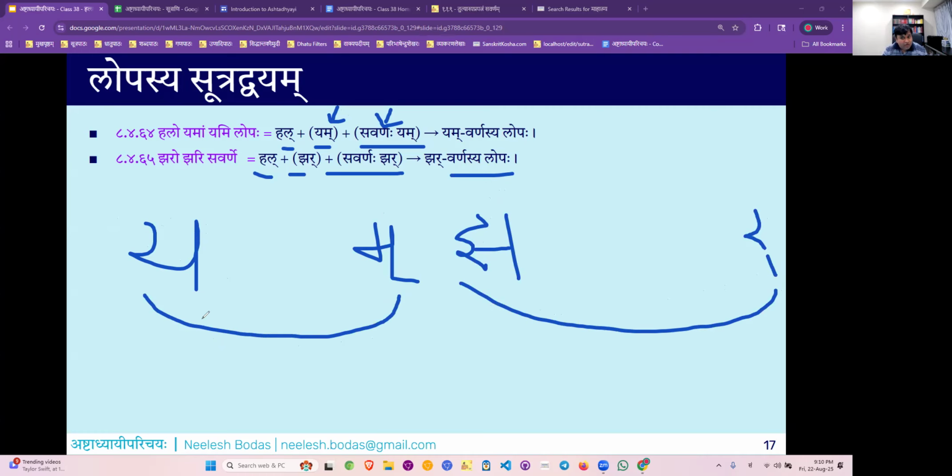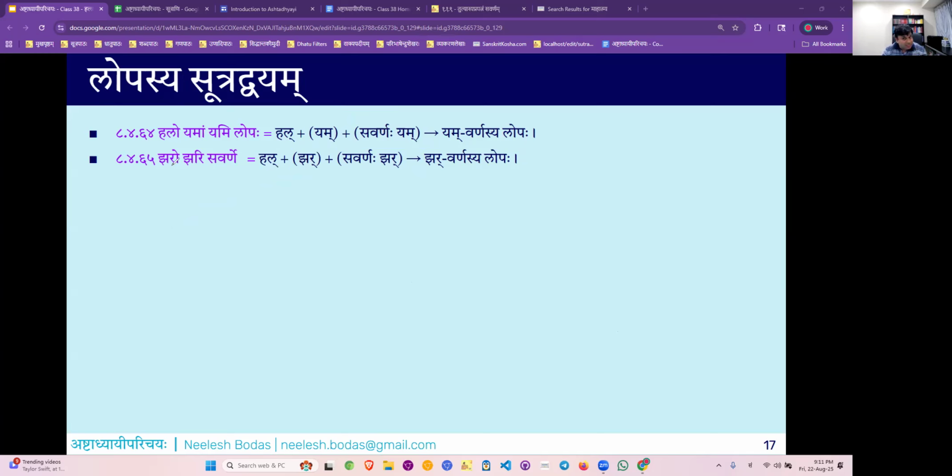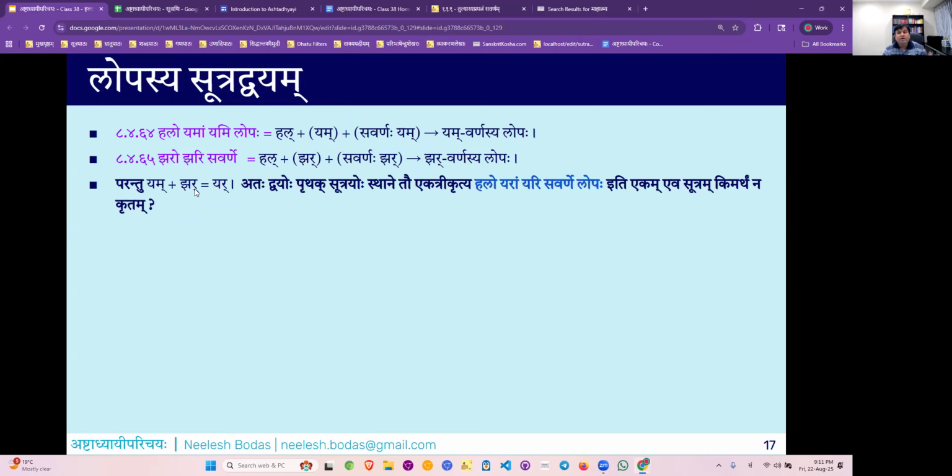So instead of creating a single sutram which involves the entire yar pratyahara, Panini Maharshi broke it down and created two identical looking sutras, one for yama pratyahara, one for jhara pratyahara. So understand the situation. There is a yama pratyahara, there is a jhara pratyahara. Yama plus jhara is yara.